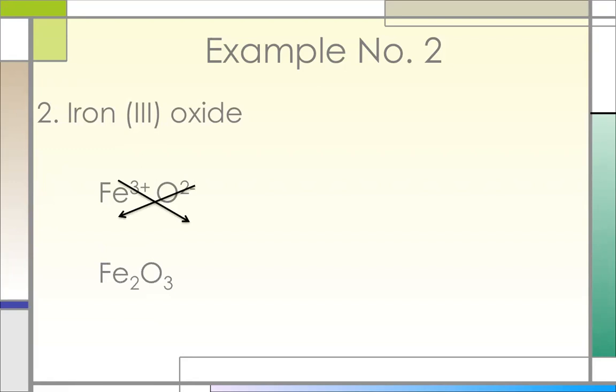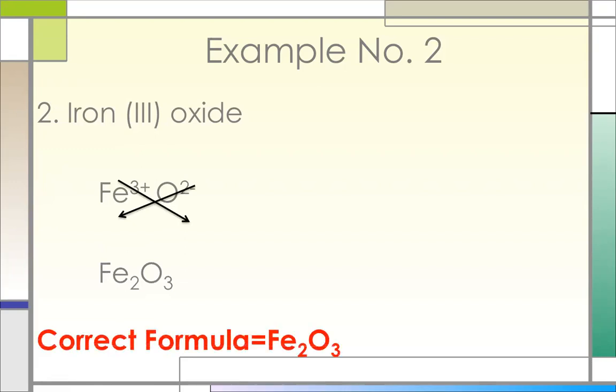The 2 atoms of iron come from the oxide's 2 negative charge, while the O sub 3 receives the 3 from iron, which is 3 positive. The correct formula is Fe2O3. Is this the lowest possible term? Yes, that is already the lowest possible ratio, 2:3.